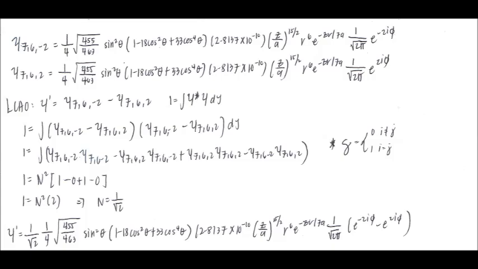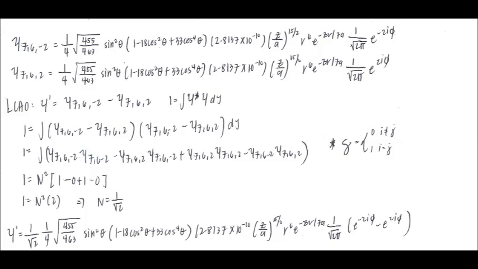So 1 equals integral of psi times psi d tau. So 1 equals integral of parentheses psi 76 negative 2 minus psi 76 positive 2 times psi 76 negative 2 minus psi 76 positive 2 d tau.